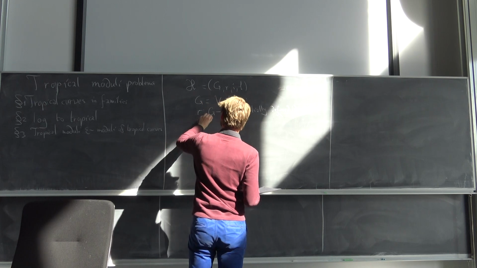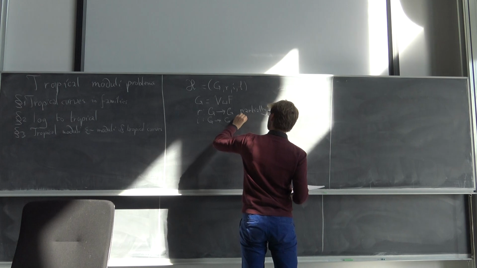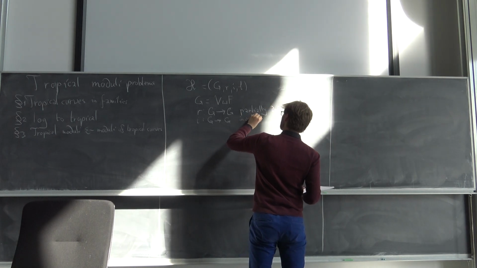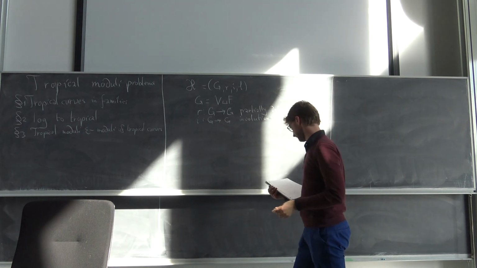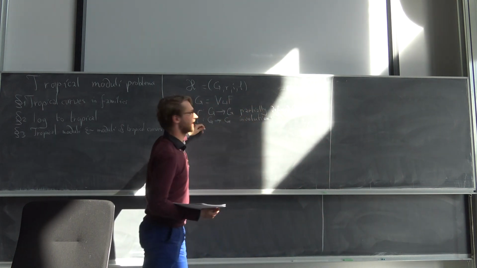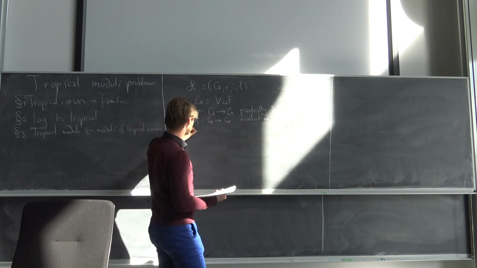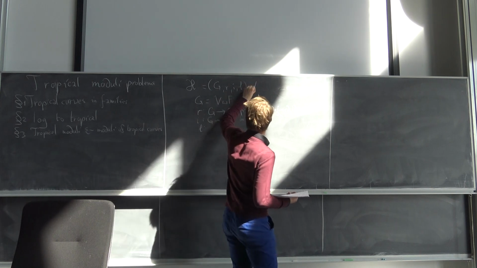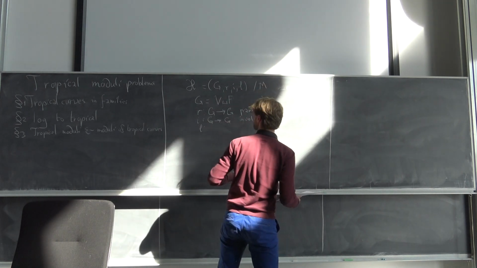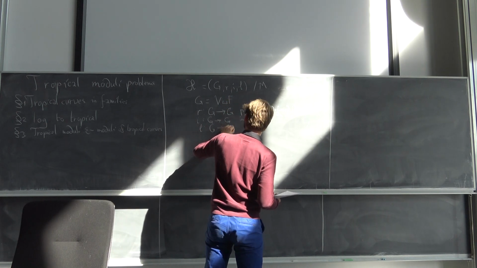I is an involution, also going from G to G. And it defines edges by identifying two half edges. And we have L, so everything is defined over a monoid M, and it's a function to this monoid.